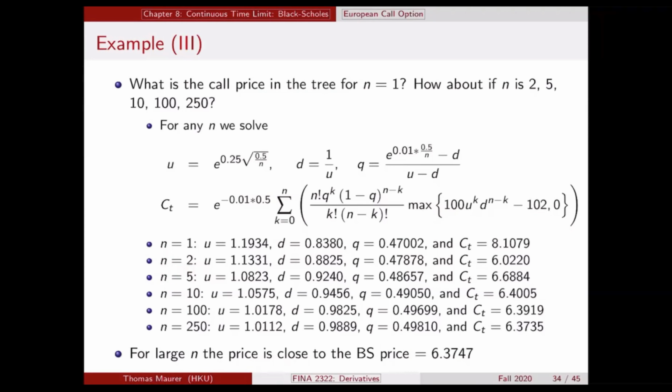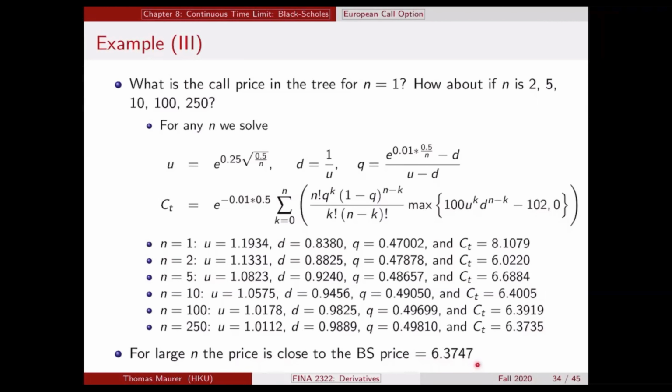If I make the tree a little bit bigger, if I introduce 2 time steps, I can redo that. That gives me a different gross return U and a different gross return D, and therefore also a different risk-neutral probability Q, and I get a call price of $6. Notice as I introduce more and more time steps in the tree, this gets closer and closer to what we have computed before using the Black-Scholes formula.